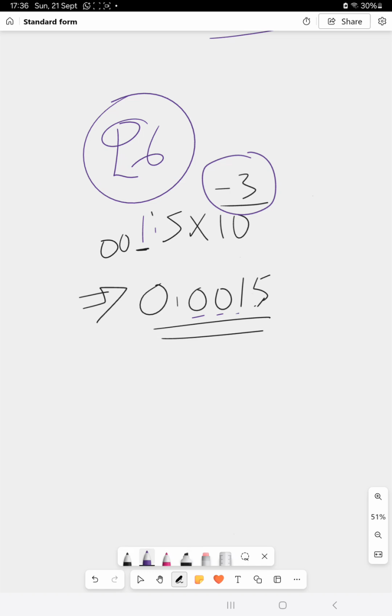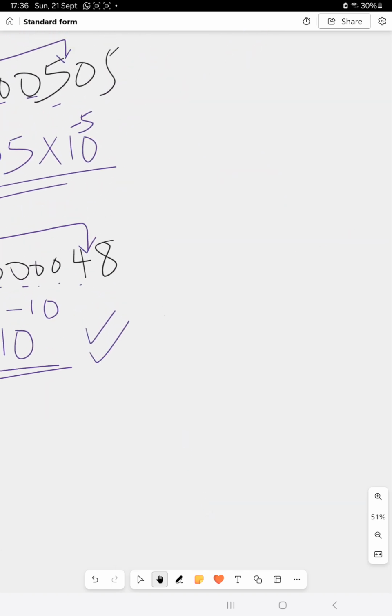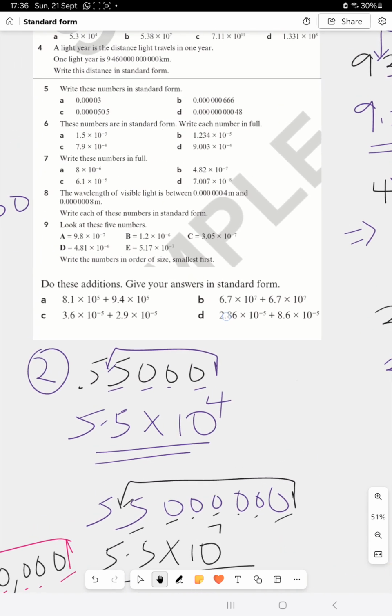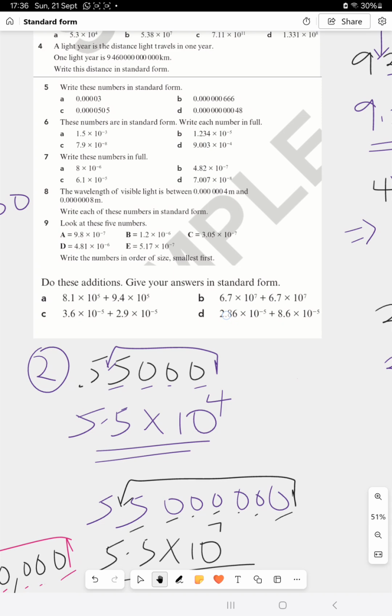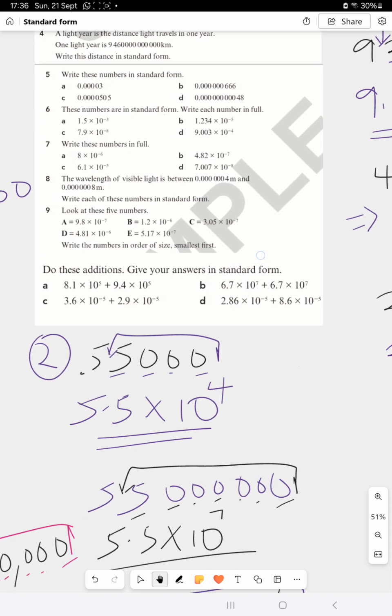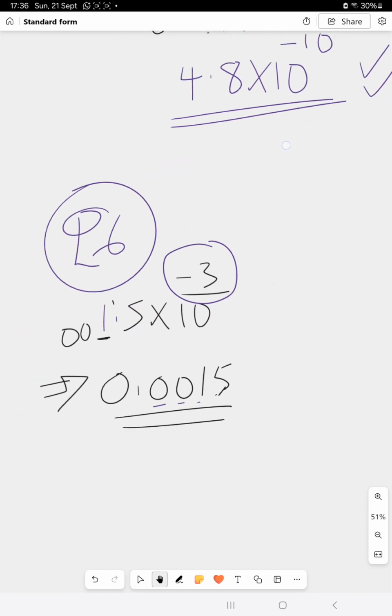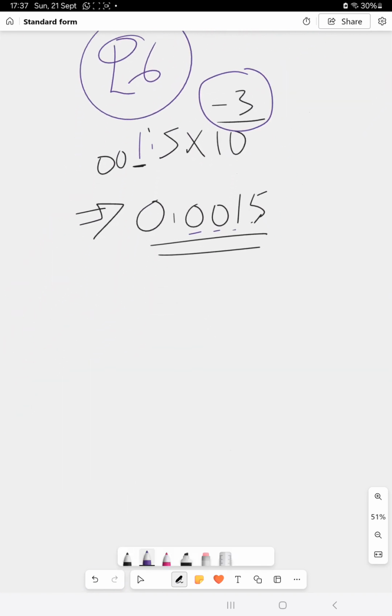The second question is 1.234 times 10 negative 5. This means what?